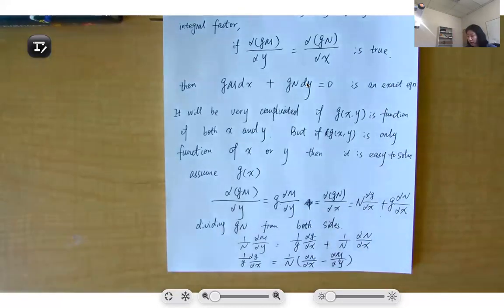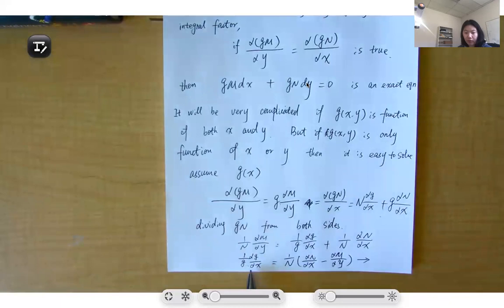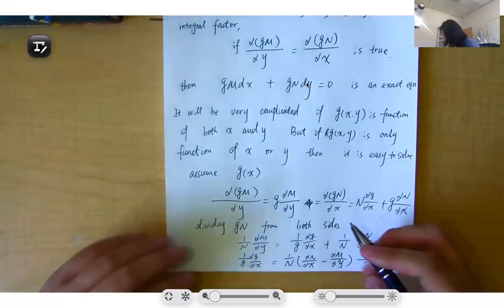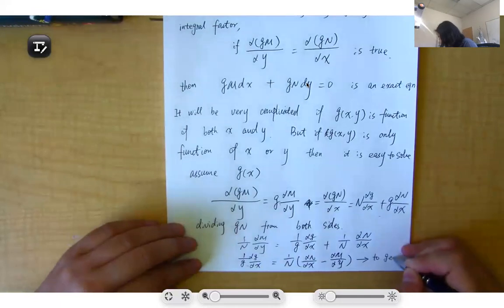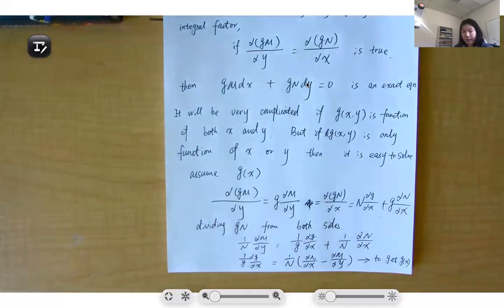And we will use such an equation to find what our integral factor g is. So the purpose of deriving this equation is to derive g, to get g(x). And we will make examples of using the exact or indirectly exact equations to solve ordinary differential equations analytically. Thank you.